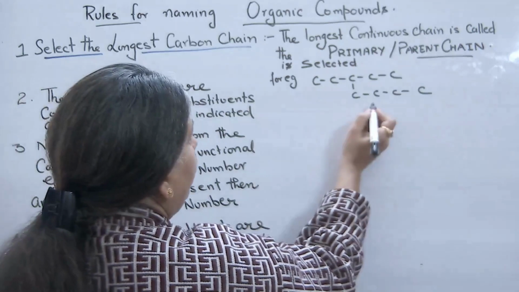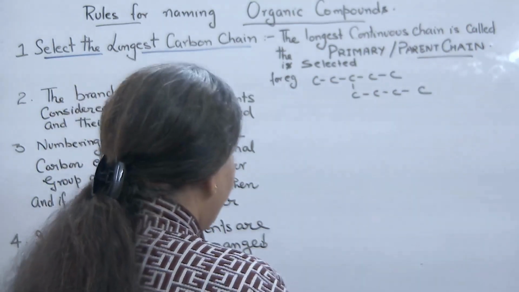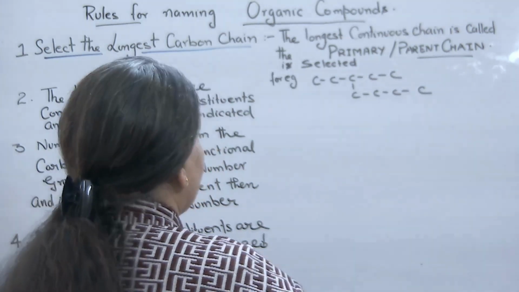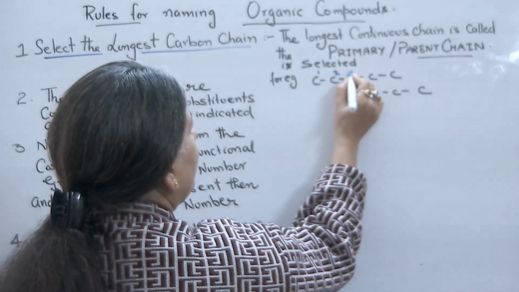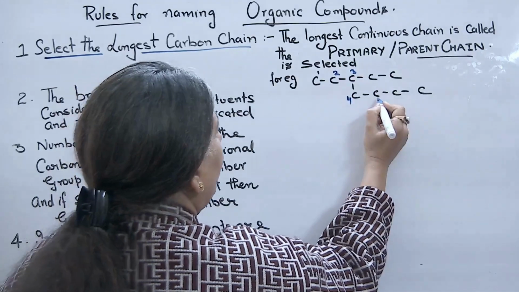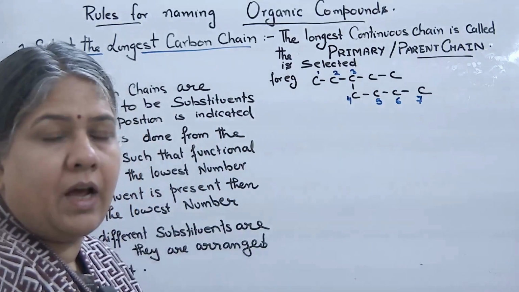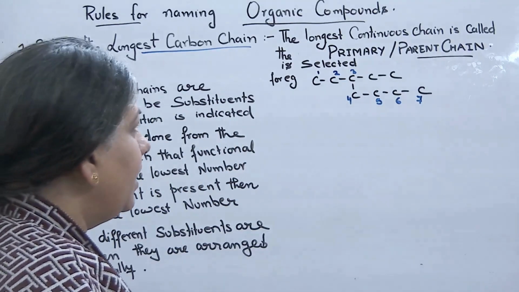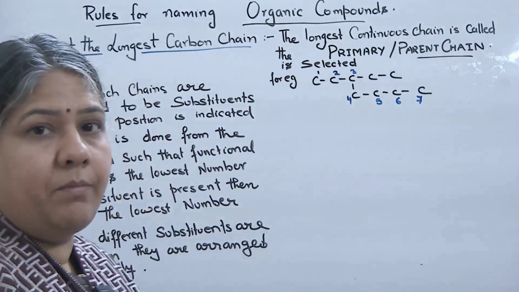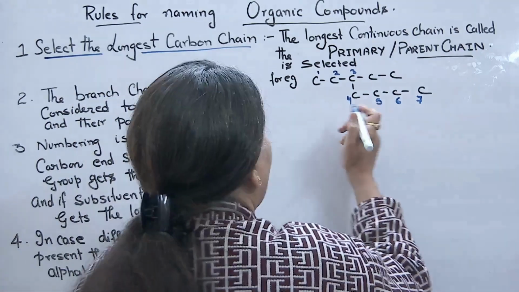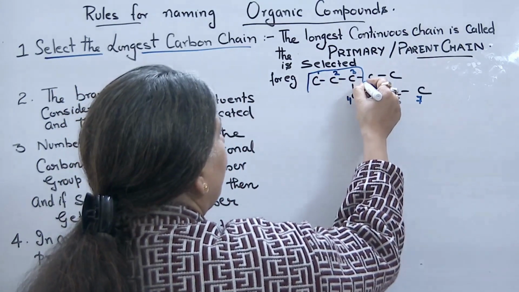You can start numbering from either end, 1, 2, 3, 4, 5, 6 and 7. So this is our primary or parent chain that will give the root word, and the root word in this case will be hept for 7 carbon atoms.